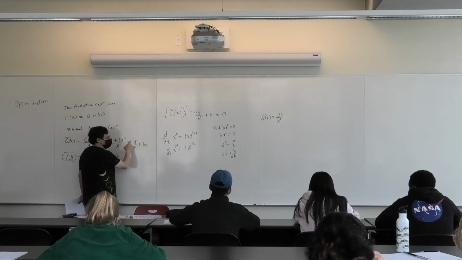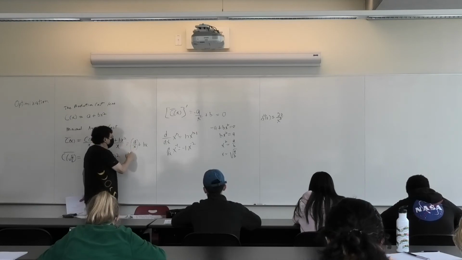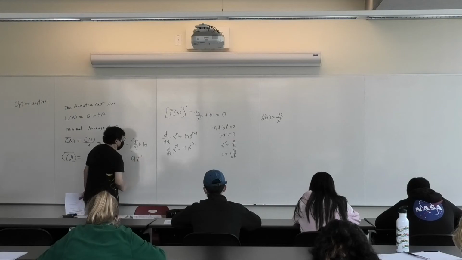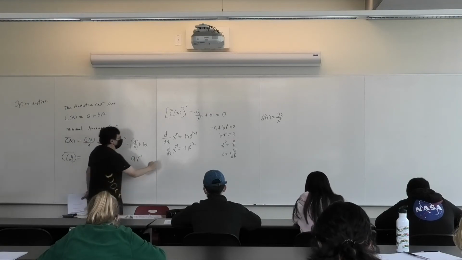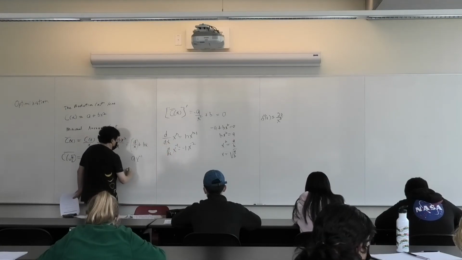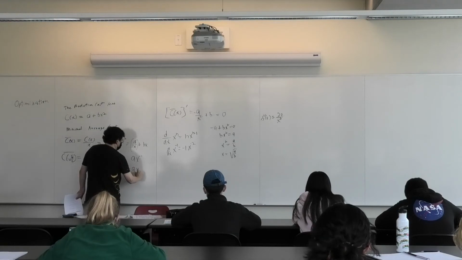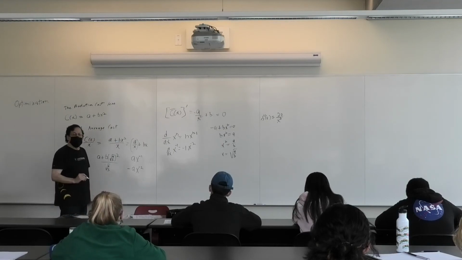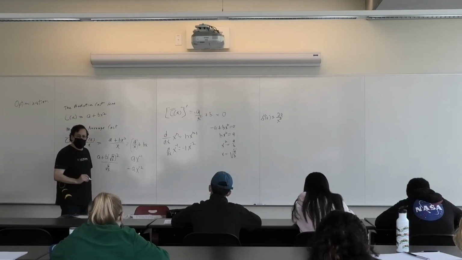This is what we're talking about, right? The derivative of a over x, which is a times x to the minus 1. So this tells me it's negative a times x to the minus 1 minus 1, which is minus 2. Ah, okay.